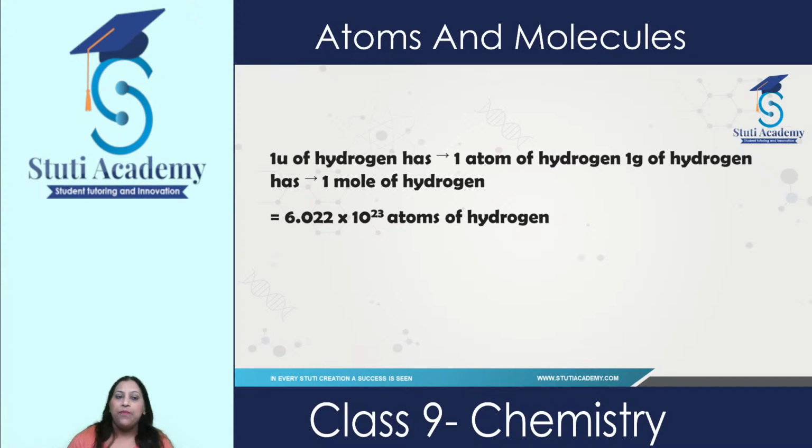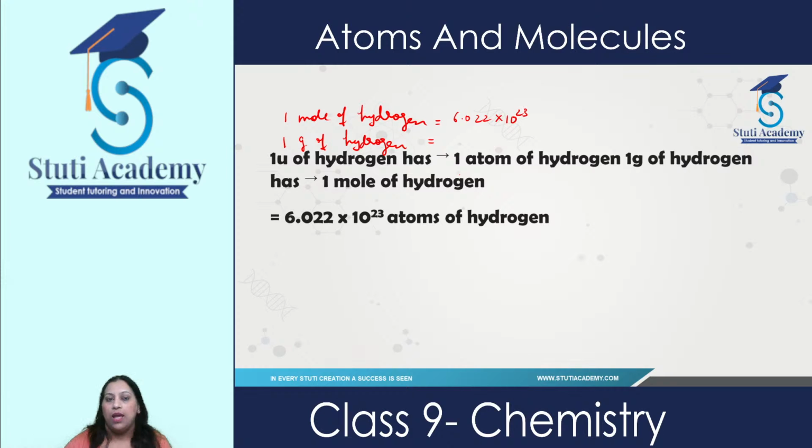Now an example: 1 u, the unified mass of hydrogen, is 1 atom of hydrogen. Or we can write 1 gram of hydrogen or 1 mole of hydrogen. So both are the same thing. So we can write 1 mole of hydrogen, or if we represent it in gram atomic mass, we can write 1 gram of hydrogen, and they are both always equal to 6.022 into 10 raised to power 23 atoms of hydrogen.